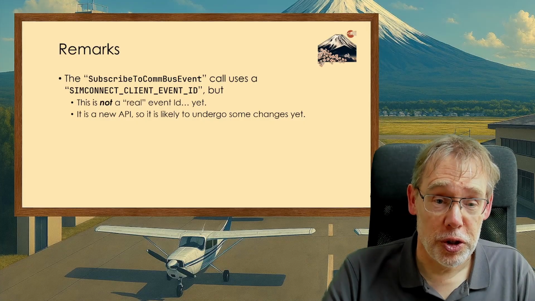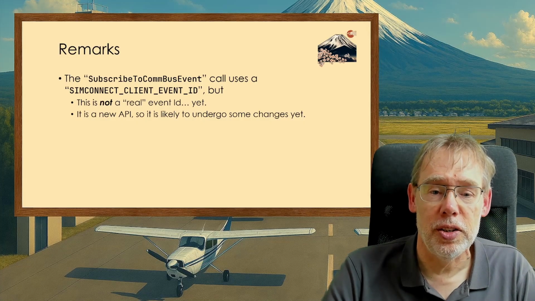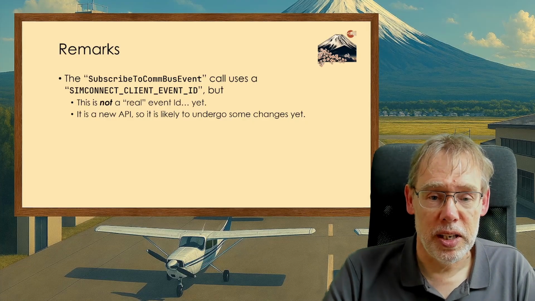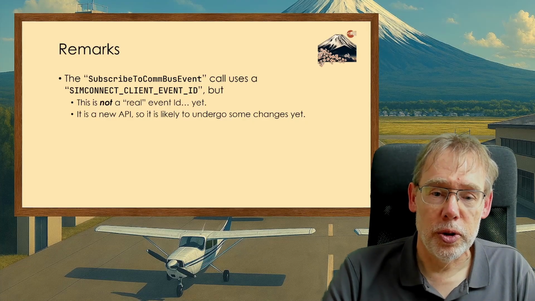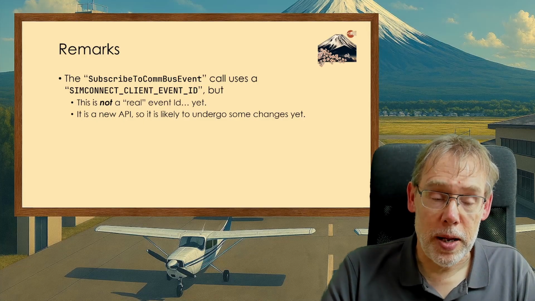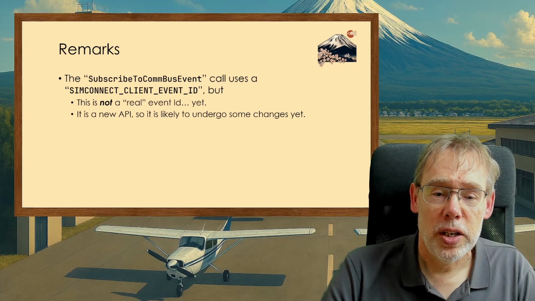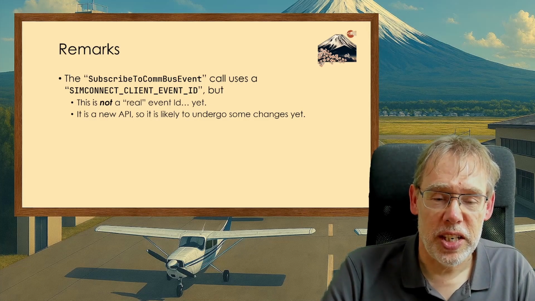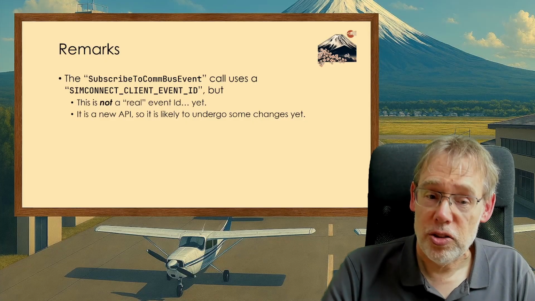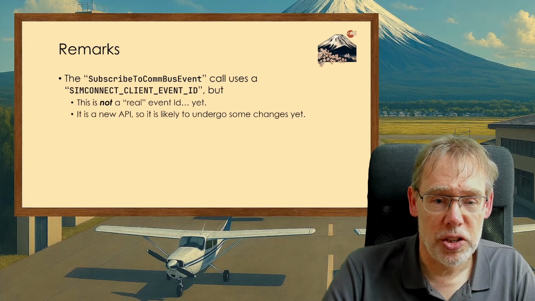And if you first do the subscribe to CommBus event and map a client event ID there, then you can still use that same event ID value for your regular events. So it's not the same data space, the same type, and SimConnect will not detect that you're reusing that ID. Be careful. It's still the same type, but I've already had the reply that it might change.